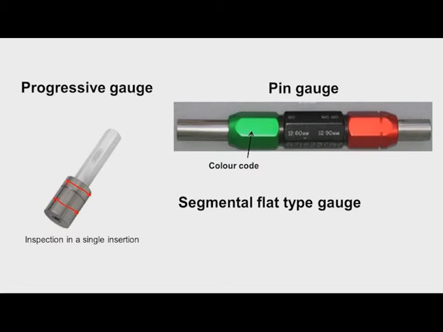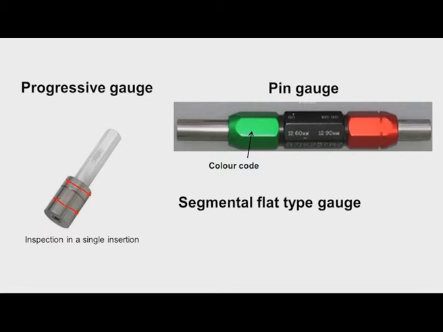And another, if the hole size is very small, like 2 millimeter, 3 millimeter, 1.5 millimeter, then pin gauges are used. You can see here this is the handle, and a green color is used. This indicates that this portion is go.